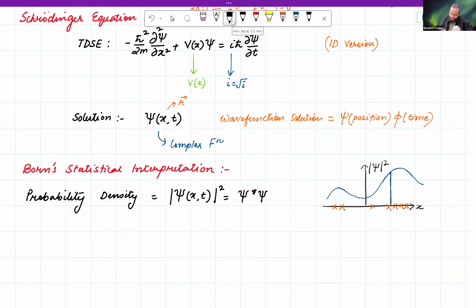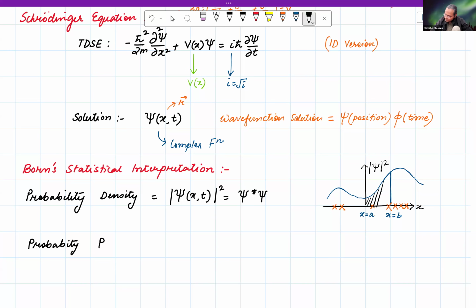And because it's the probability density, if I want to find out the probability of finding a particle in a given region, let's suppose I want to find the probability of finding the particle between x equal to a and x equal to b. Okay, x equal to a is here, x equal to b is here.